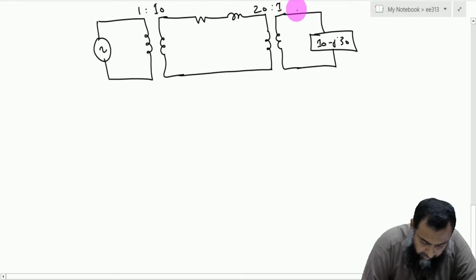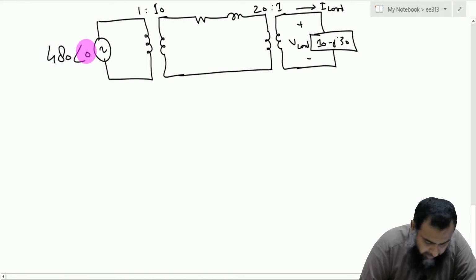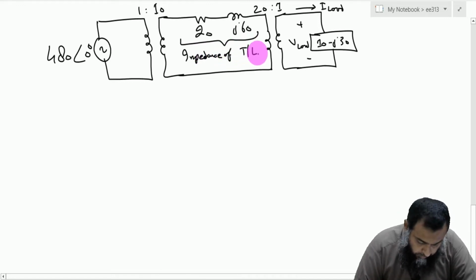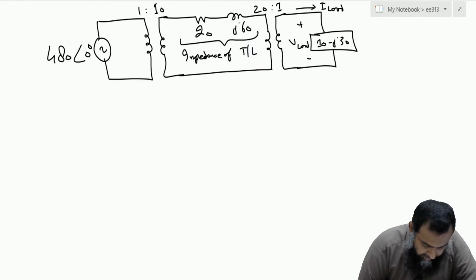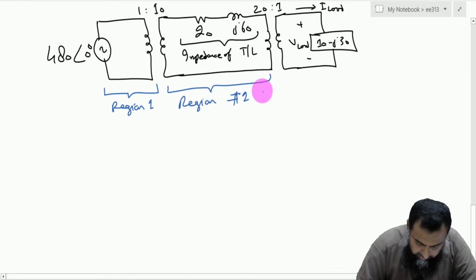Here we have the I load, this is the V load, and here we have the generator Vg, equal to 480 at an angle of 0 degrees. This is 20 and this is J60, and this whole is the impedance of the transmission line. Let us divide them into three regions. This is region number 1, this is the transmission line region, which is region number 2, and this is the load section, which is region number 3.